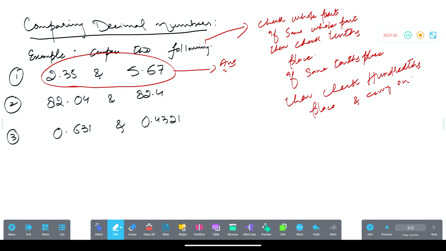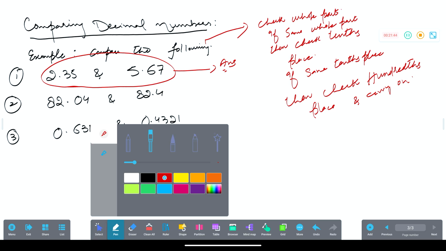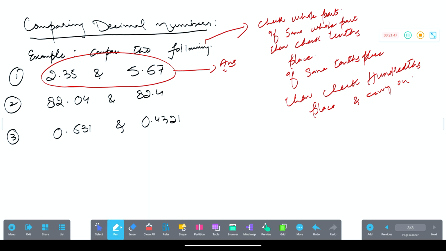And if you find all digits equal, they will be considered as equal. So let me paste here one more example that will help us a bit. Fourth one, I will write 3.6 and 3.600.